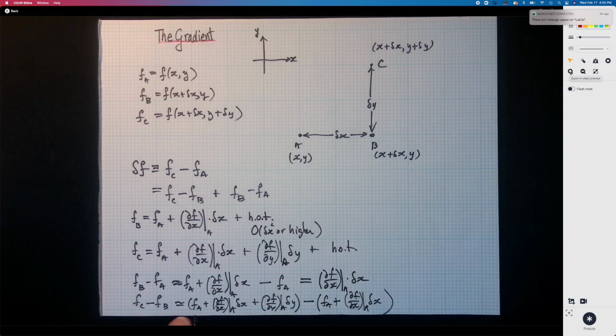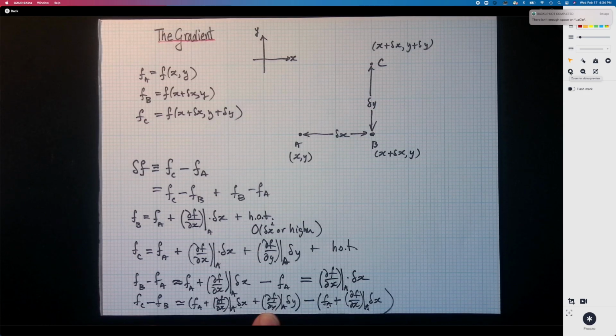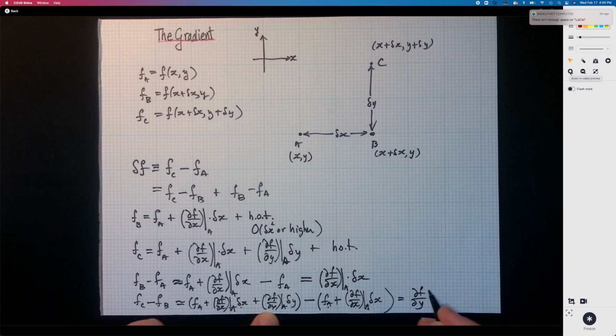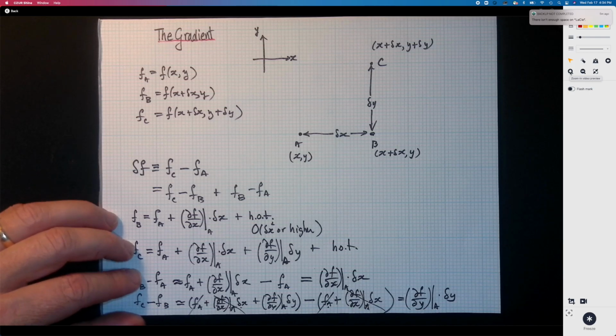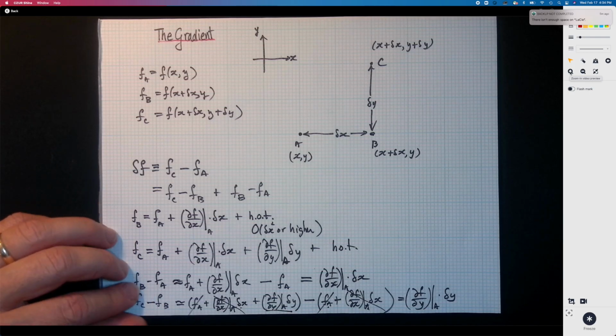And now if I take the difference, the f at A minus f at A cancels, the df dx will cancel. All I'm left with is this term, which is partial f partial y evaluated at the point A times delta y. So this cancels with this, and all I'm left with is this term.